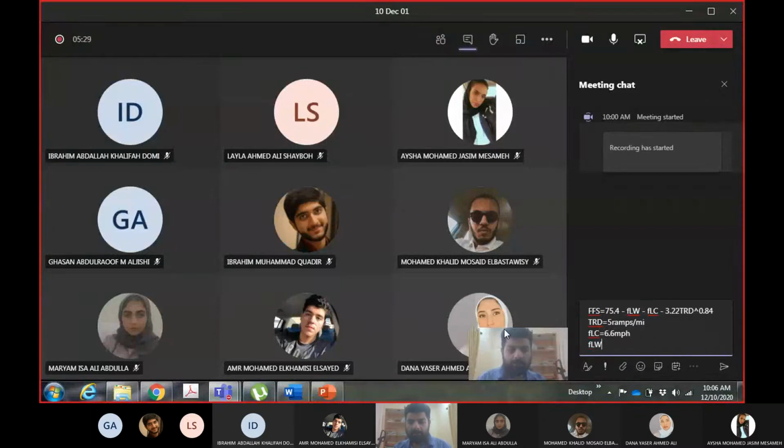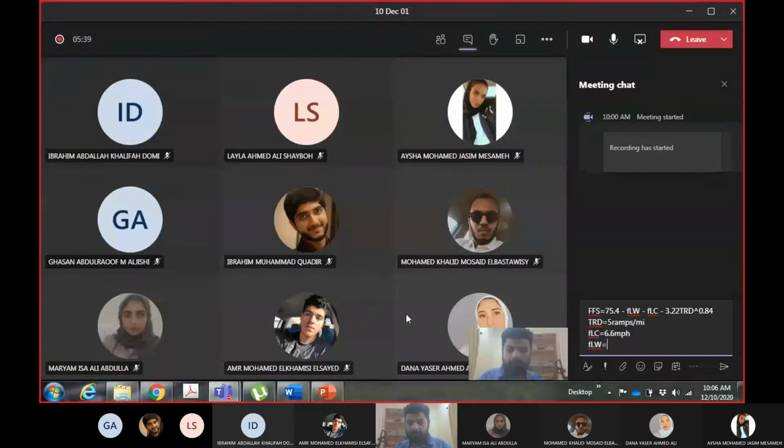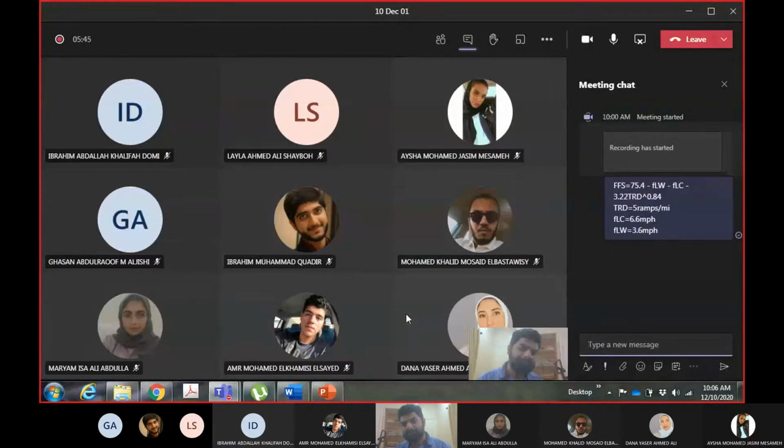Then FLW: right hand side lateral clearance is given as 0 feet, and it has 2 lanes in one direction. So with 2 lanes here and 0 feet lateral clearance, it is 3.6. Free flow speed is 52.8 miles per hour.